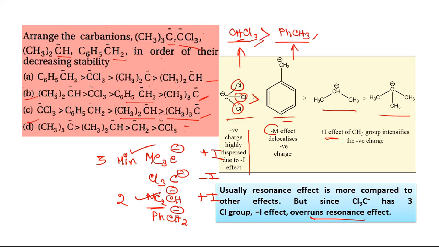And we know when we add 1 proton to the carbanion and get the acid, the more acidic it is, the more stable the conjugate base. That means the corresponding conjugate base of CHCl3, which is the carbanion given in the question, will be more stable. So this is another way you can give the explanation for it. But whatever it is, the correct option is this one.